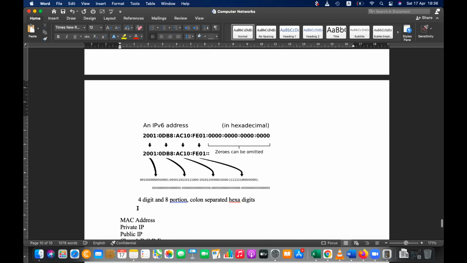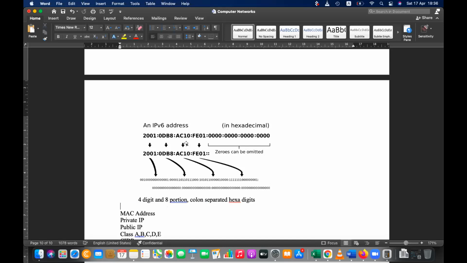If you want to write 2, 2 means 0, 0, 1, 0. 0 means 0, 0, 0, 0. 0 means again 0, 0, 0, 0, and 1 means 0, 0, 0, 1. So altogether in one portion you will have 16 digits. 16 into 8 is 128. That's how 128 bits are occupied.